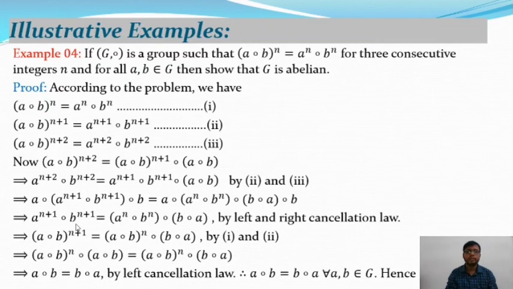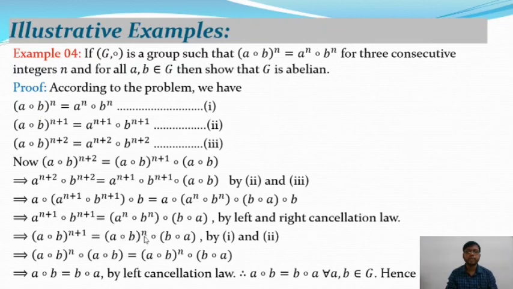So again applying the first and second relations on the given problem, that means (a∘b)^(n+1), that is a^(n+1) ∘ b^(n+1), and a^n ∘ b^n equals (a∘b)^n.